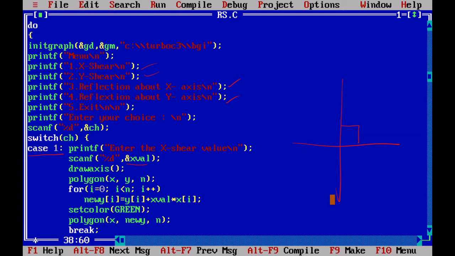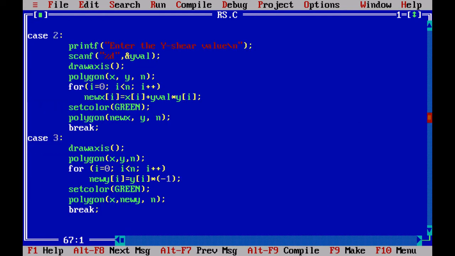Then we will calculate the new value directly, that is for i equal to 0, i less than n, new y. As I said, we will keep the x value as it is and change only the y value. New y is equal to yi plus shear value into xi. So we don't change the x value, only the y value will be changing. We set the color to green and we will draw the new one.